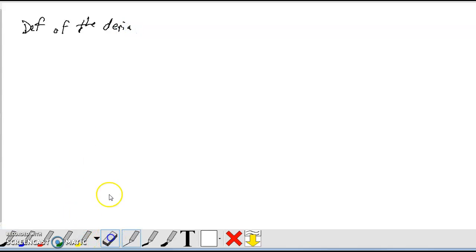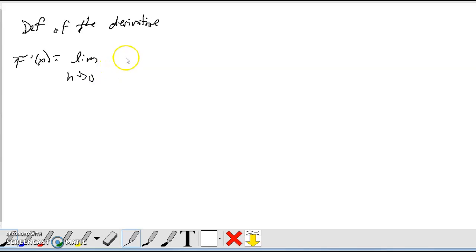We can say f prime of x is equal to the limit as h approaches 0 of f of x plus h minus f of x all over h, provided the limit exists.